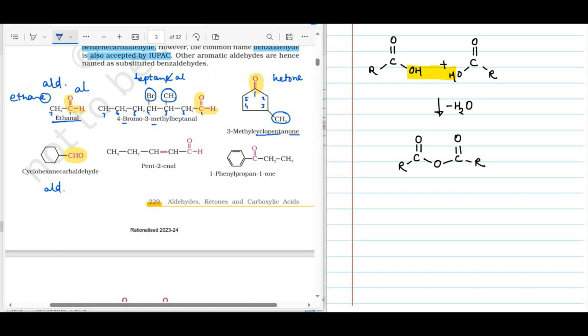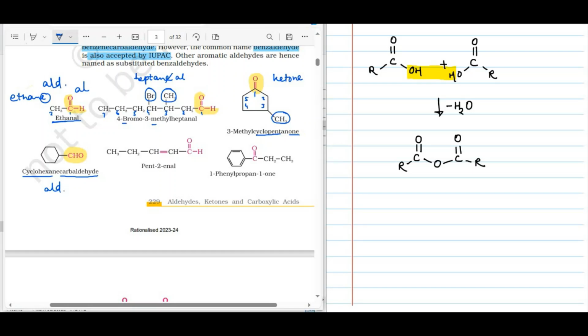For that you have to use carbaldehyde. Now count the number of carbons. As it contains 6 carbons, the parent alkane will be cyclohexane. And as it contains an aldehyde group, you have to write cyclohexane carbaldehyde.